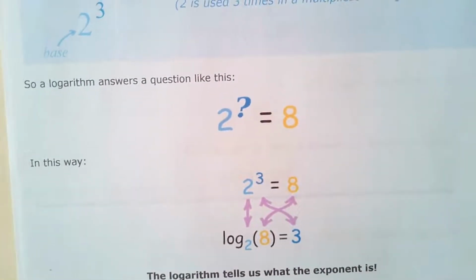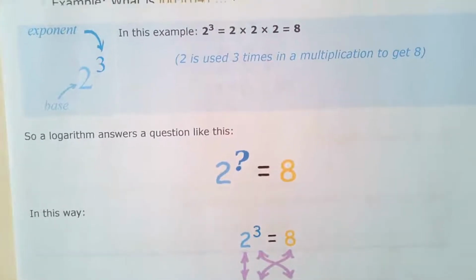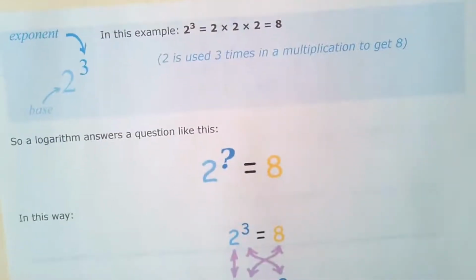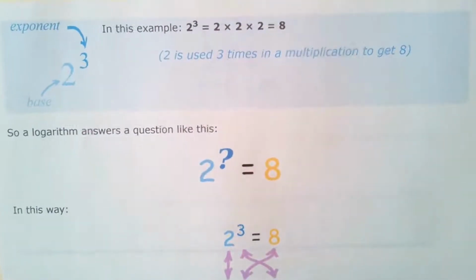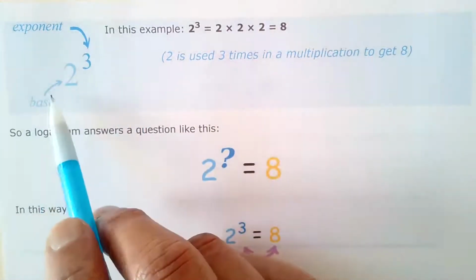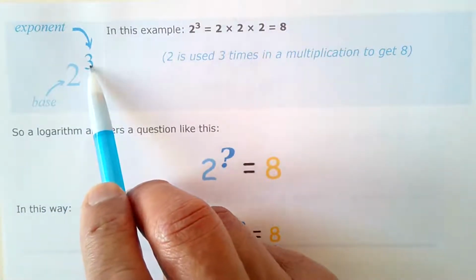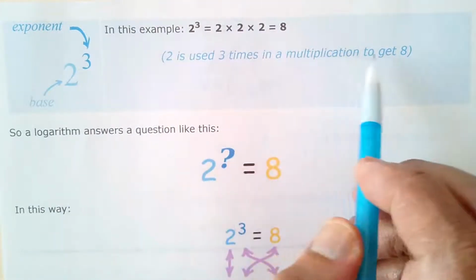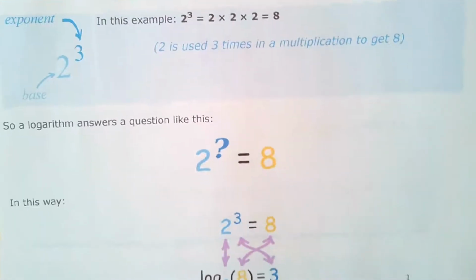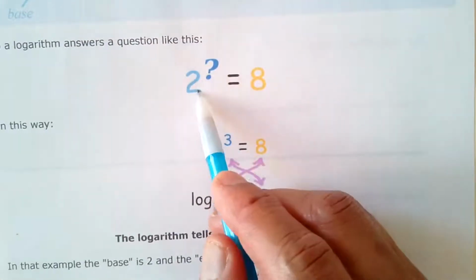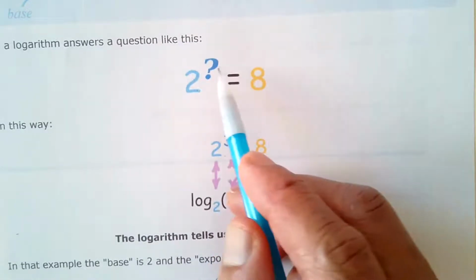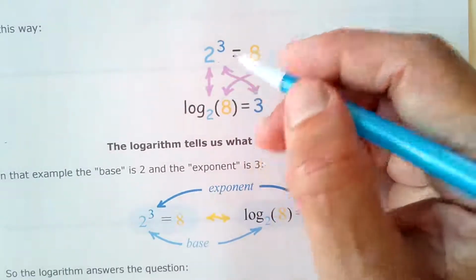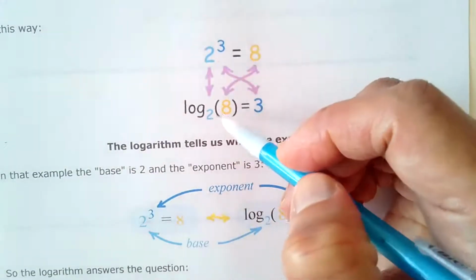So let's look at this here. In this example, 2 to the power of 3 means 2 is used 3 times to get 8. So we have 2 to the power of 3 equals 8. And we can transfer that into a log, because this is our exponent.